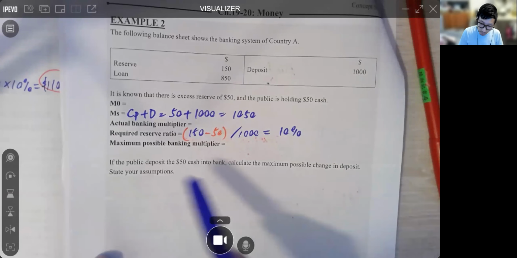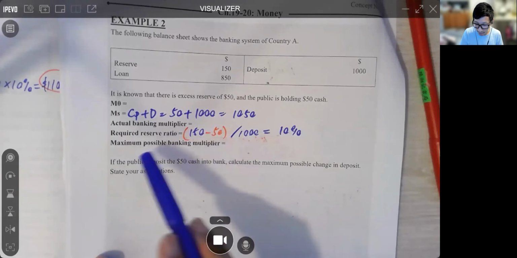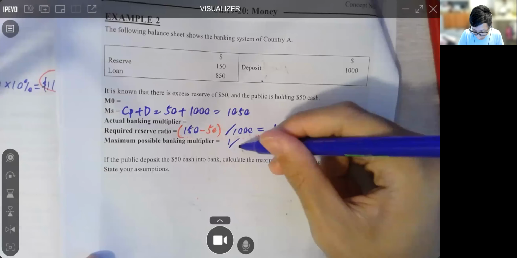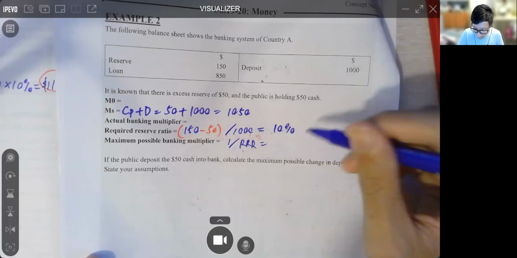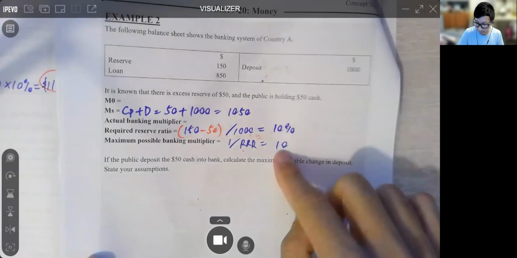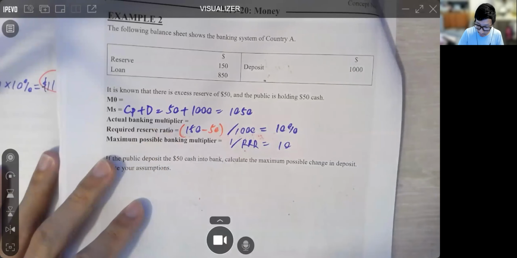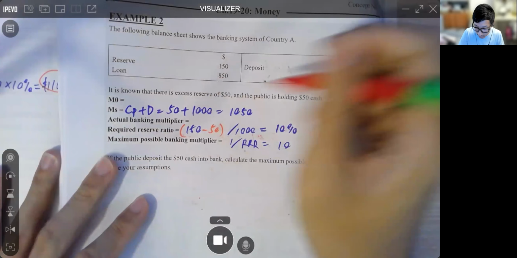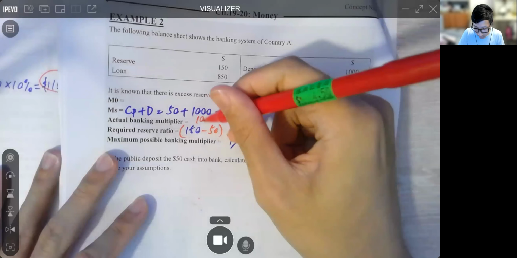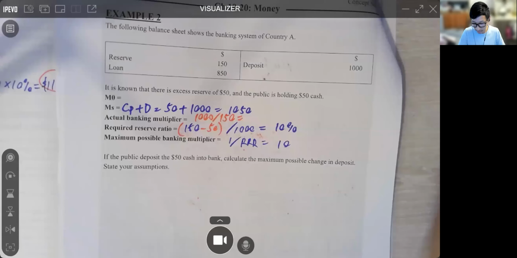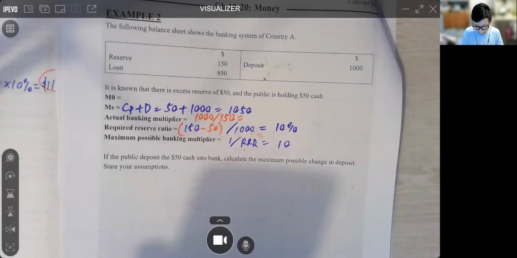Now, what about the actual banking multiplier and maximum banking multiplier? 我哋望一望啦，maximum banking multiplier is still 1 divided by RRR, which would be 10 in our case. What about actual banking? Actual banking 記住啦，係講緊 actual deposit 1000 divided by actual reserve 150, which in this case 幾多啊？ I think it's 6 point something, right?